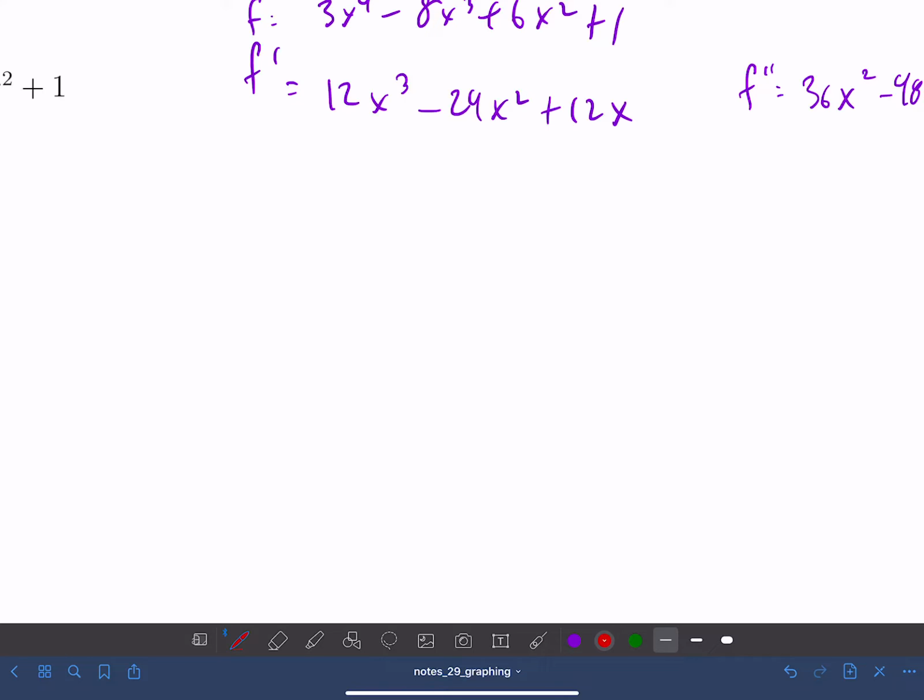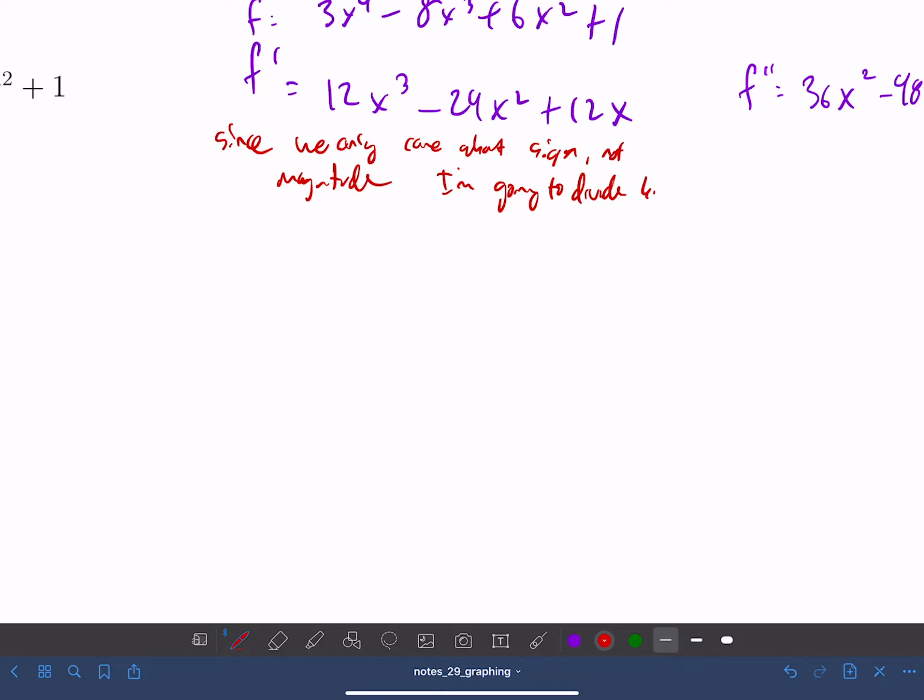I don't want to work with all these 12s and 24s. This sucks. Since we only care about sign, not magnitude, I'm going to work with the division by 12.